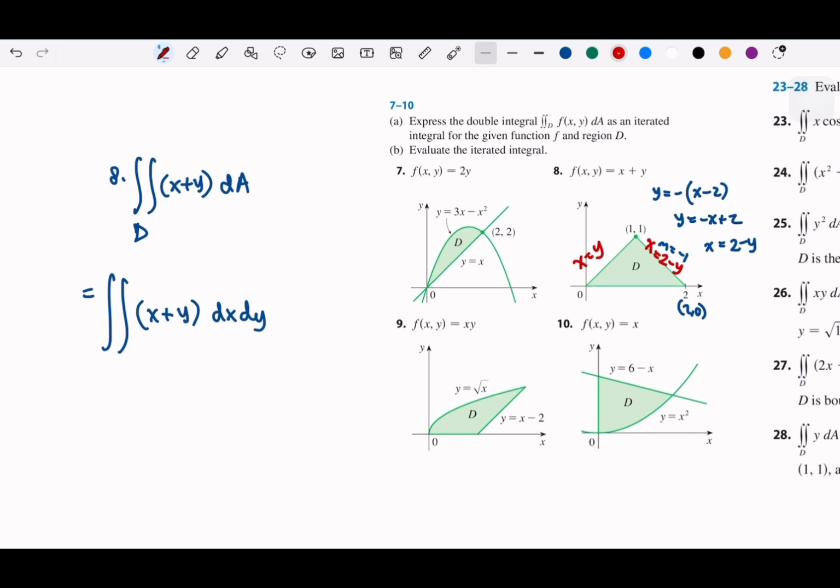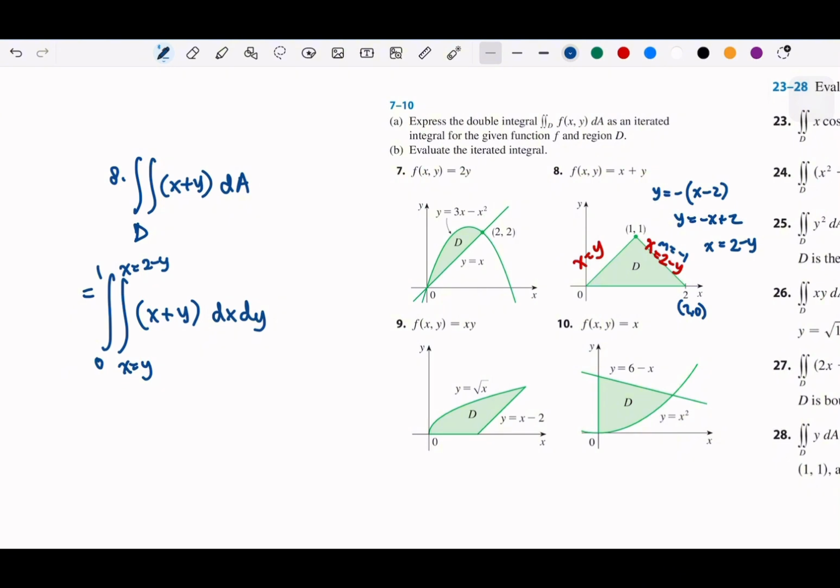So I will take y from 0 to 1 as the constant, and then x will go from x equal y to x equal 2 minus y. So we can write the integral from 0 to 1, with x from y to 2 minus y, and then you can solve it.